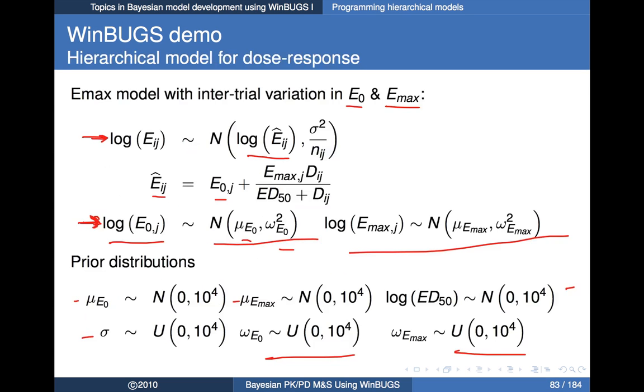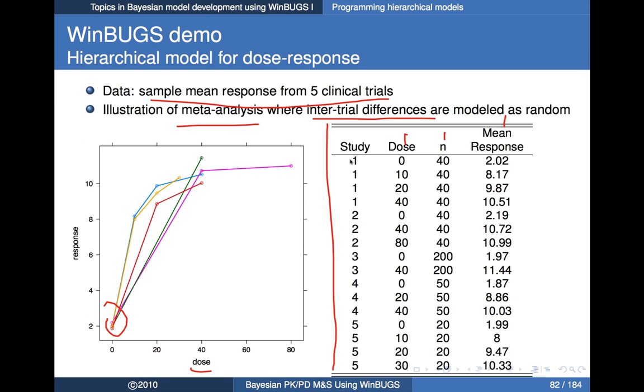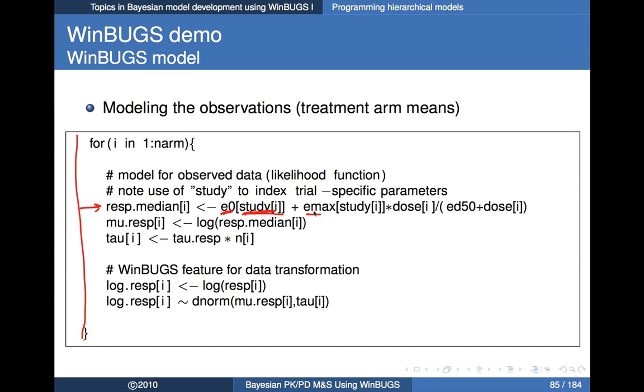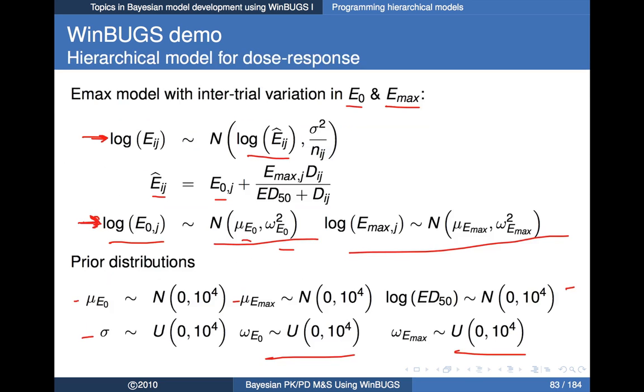So for example, let's go back up to our data set. The study we're talking about is going to contain one of these values from 1 to 5, and that's passed as part of our data. So that's something in our data that we pass in. So for the ith treatment arm, it'll pick up the appropriate study indicator. In fact, let's go back again.